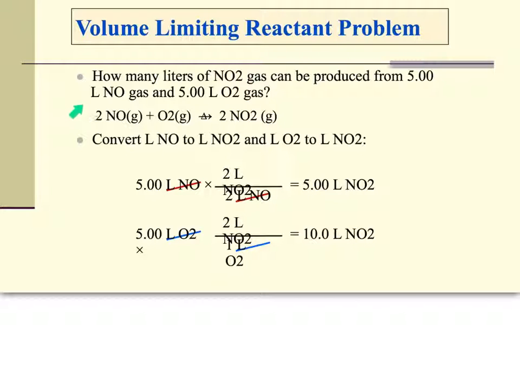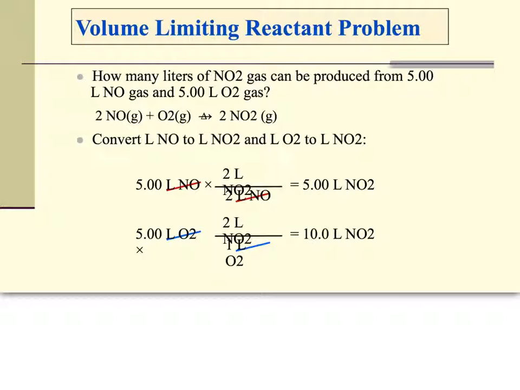So we will start off with 5 liters of NO and use that as chemical A, and we will use NO2 as chemical B. Notice we have our balanced chemical equation. 5 liters of NO, we have our coefficients, and 5 liters of NO would produce 5 liters of NO2.